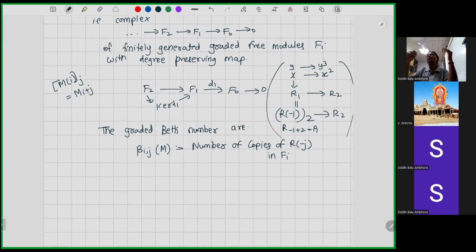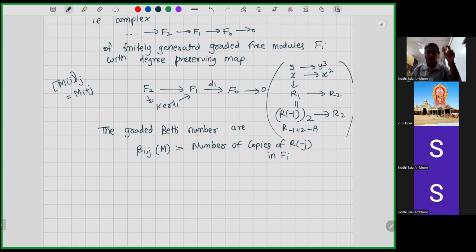Then instead of this minus 1, I will have to make it minus 2 or something like that. And then there are different degree copies that will be available in my free module F. And we have to count the number of copies of this R(-j).